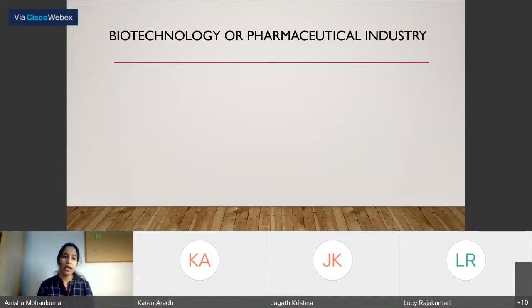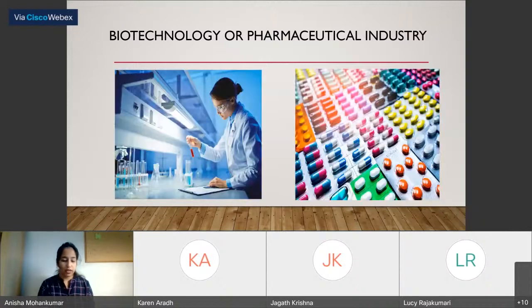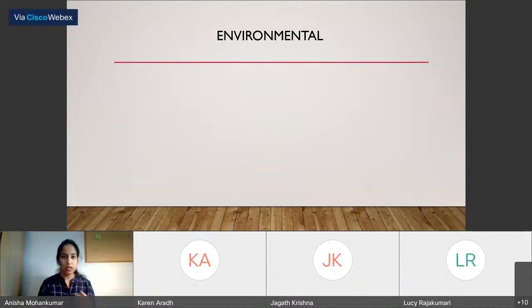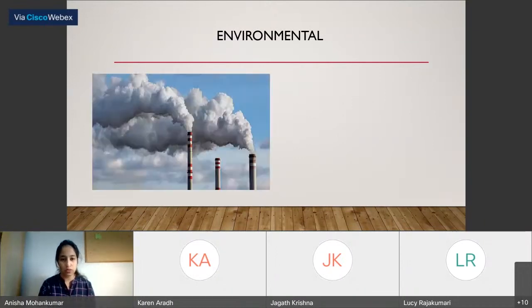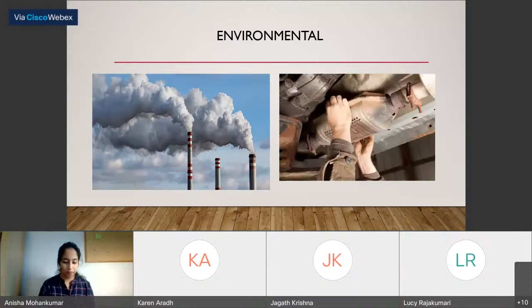So let's look at what are the different fields of chemical engineering. One could either go into biotechnology or the pharmaceutical industry, where you design facilities that use enzymes or microorganisms to create new drugs or medicines. Or one could go into the environmental engineering part, where they try to reduce the emissions that are emitted into the atmosphere. Just take the example of catalytic converters in cars.